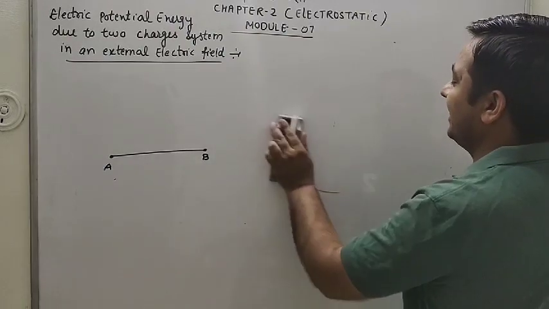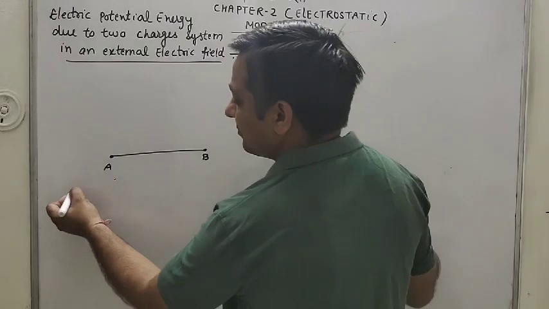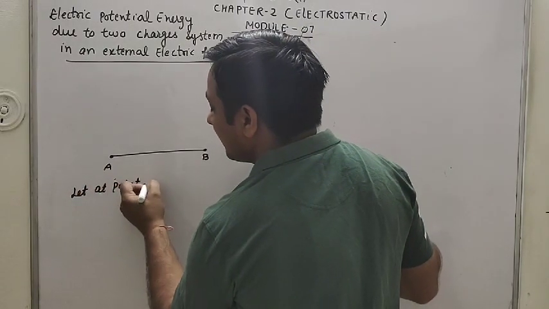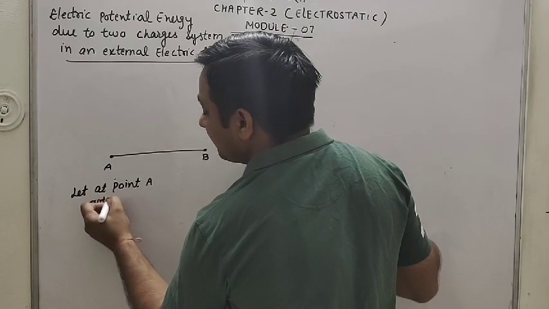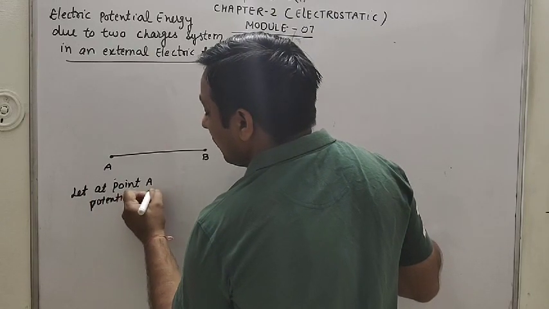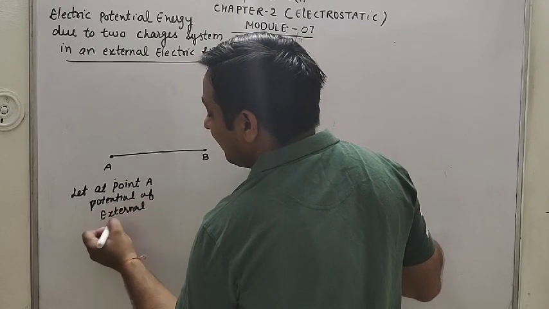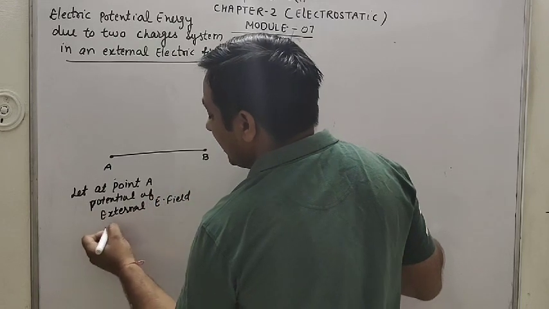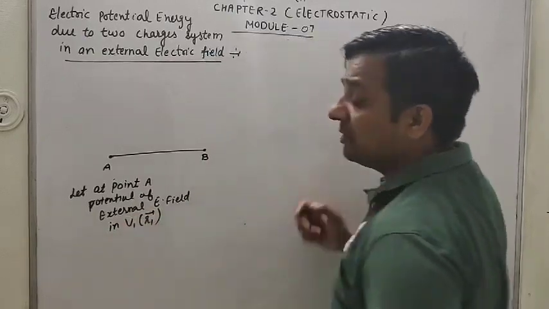So let, at point A, the potential of the external electric field be V1(r1), where r1 is the position vector.